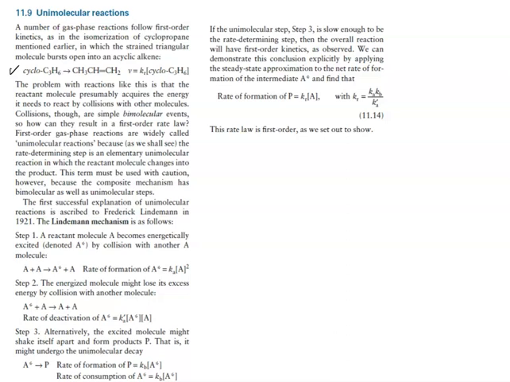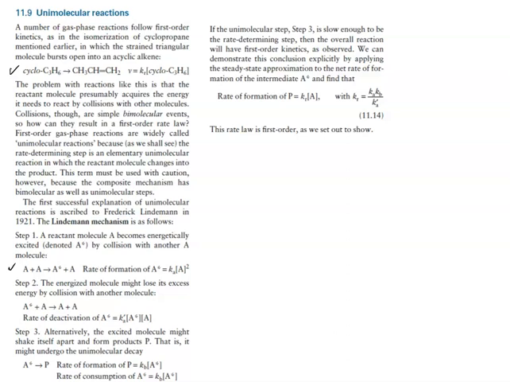Step 1. A reactant molecule A becomes energetically excited by collisions with another A molecule. So A plus A leads to one of them being excited, and the rate of formation of the excited A equals the rate constant k_a times the concentration of A squared, because it has two equivalents of A interacting.